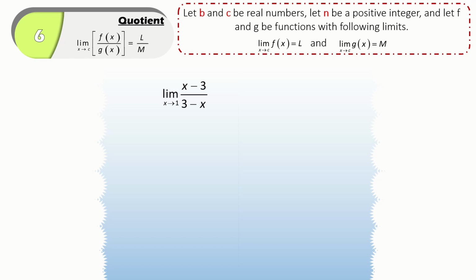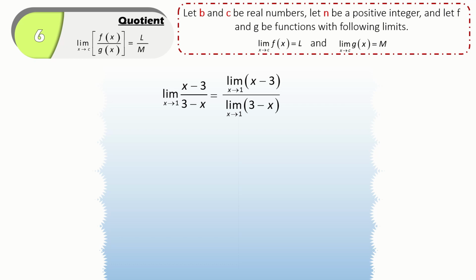Let's proceed. Apply the quotient property. It gives us the limit of the difference of x and 3 as x approaches 1 and the limit of the difference of 3 and x as x approaches 1. Apply the sum and difference property to numerator and denominator.